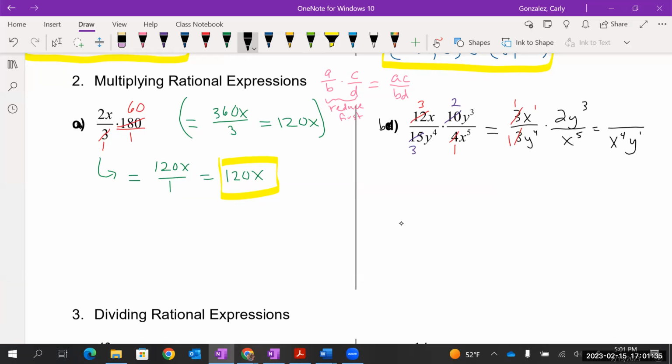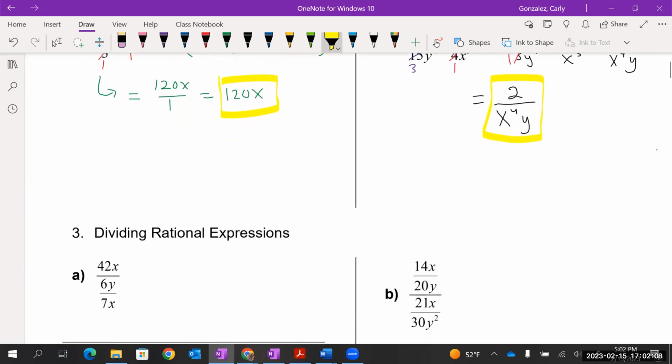And then the only thing that's left up top is the 2, because the x canceled out on the top and the y cubed canceled out on the top. And so our final answer is 2 over x to the fourth power y. And that is now our simplified answer, because each base, x, y, and 2, only appears once.